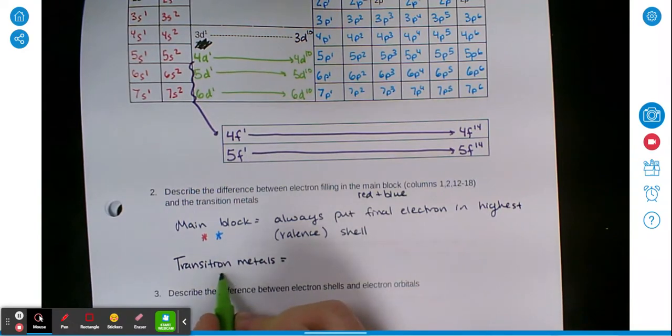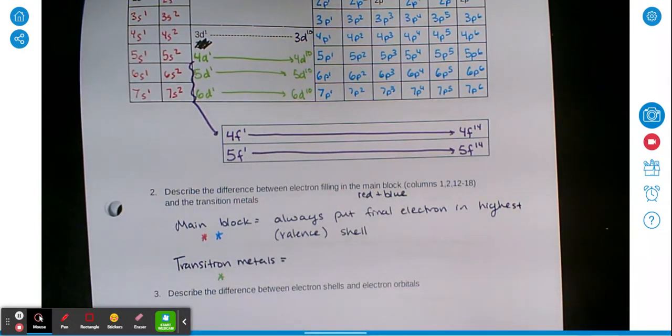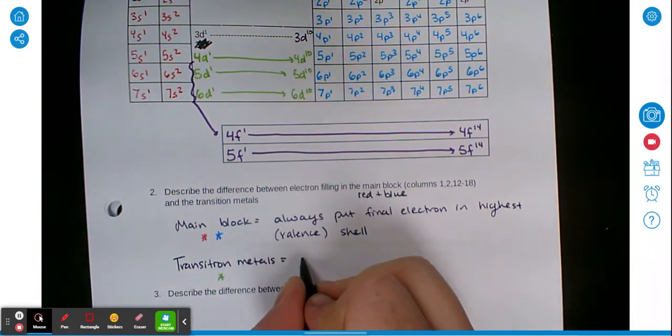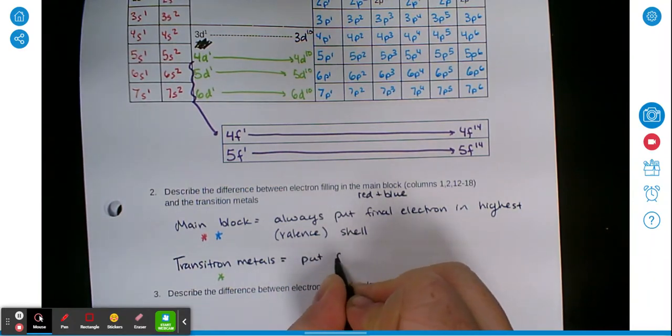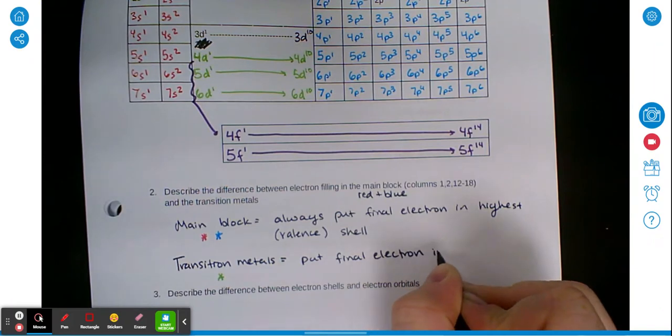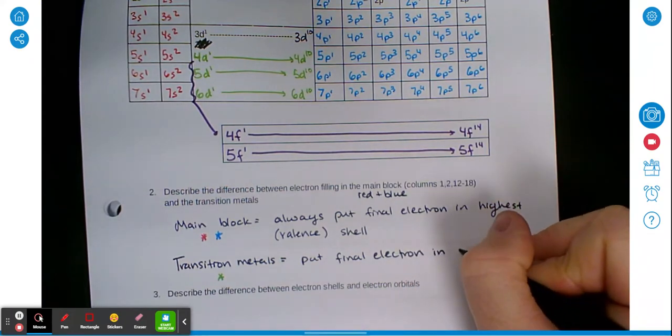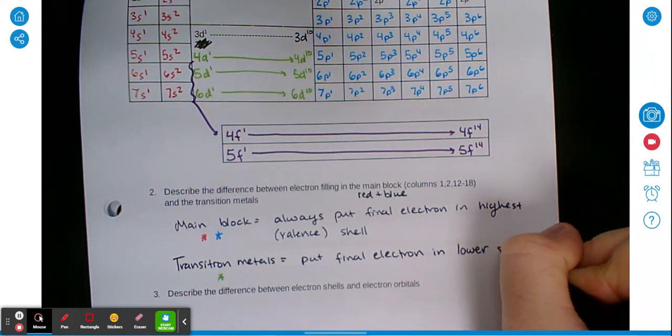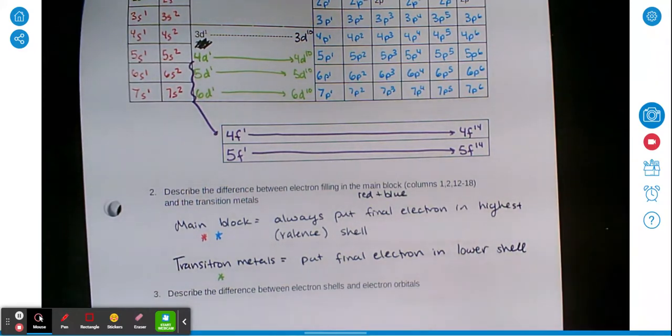They're not putting their electron in the highest energy level shell. They are putting the final electron in a degenerate shell or a lower shell, because that's the most energetically favorable place to put it.